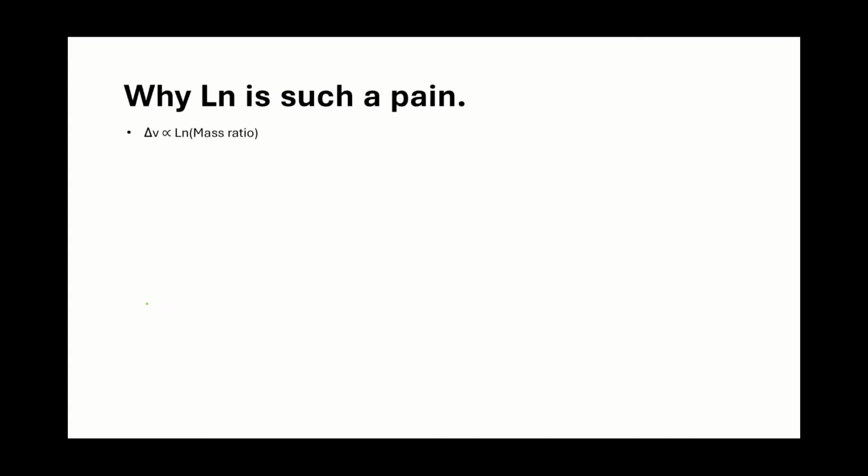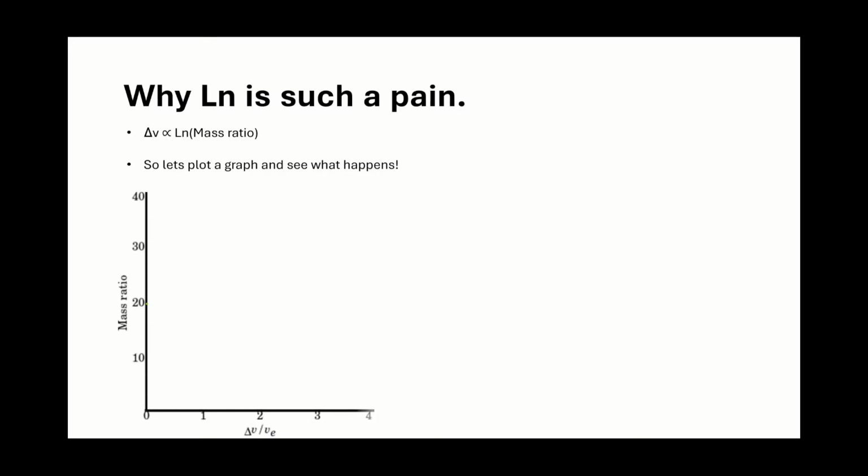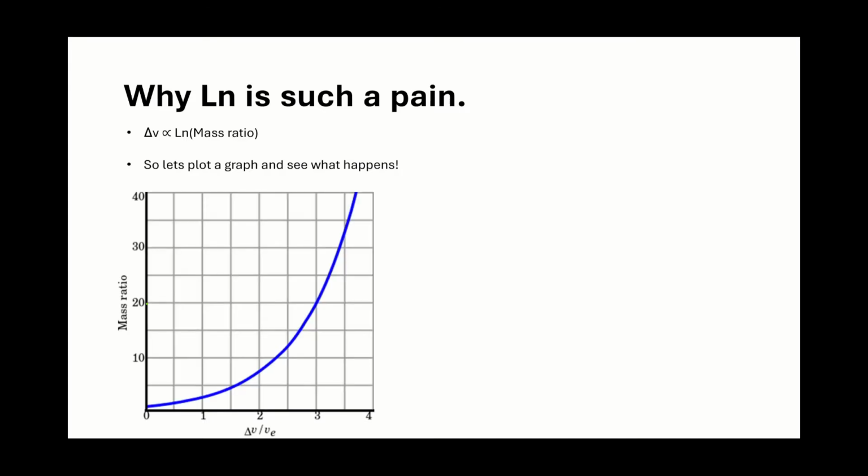Now I can say that the total delta V is proportional to the natural logarithm of the mass ratio from the rocket equation. So let's plot a graph and see what happens. We can put mass ratio on the y-axis and the total delta V on the x-axis. Now here's a demonstration of the problem.